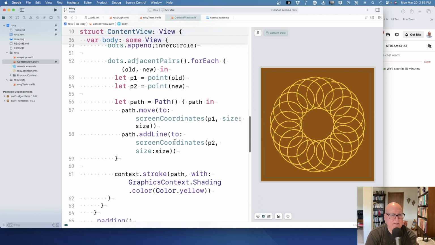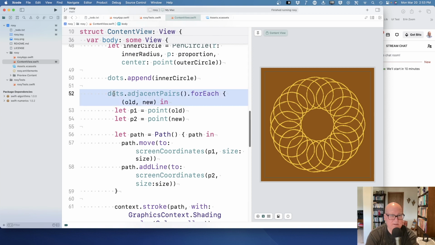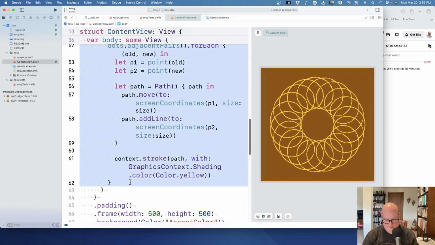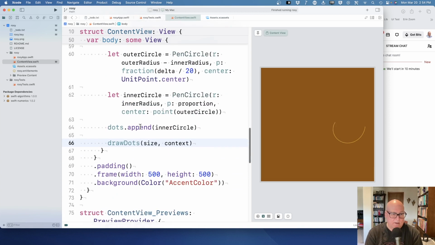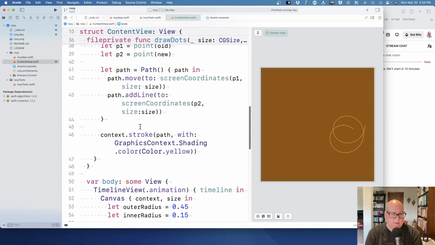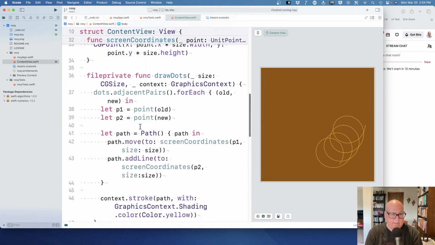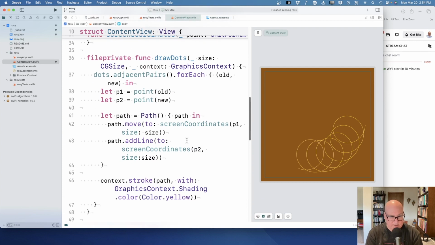Okay. So this to me is really draw dots. Let's see if we can extract that. Okay. Size, context, and that relies on this having access to dots, which I think is the only thing it has.